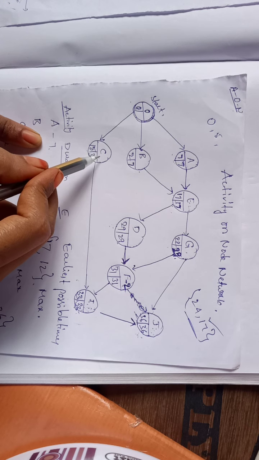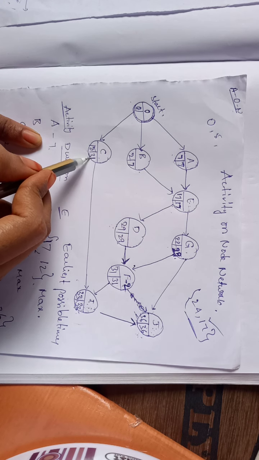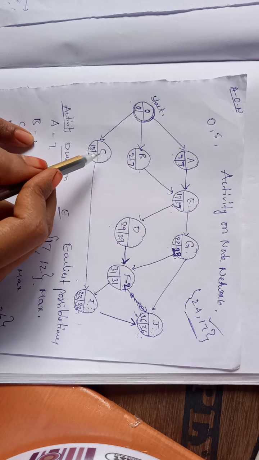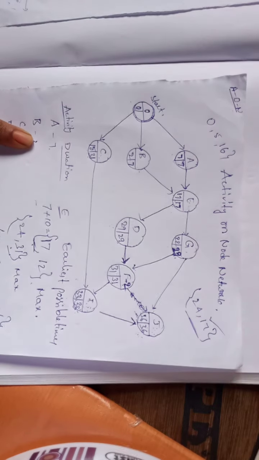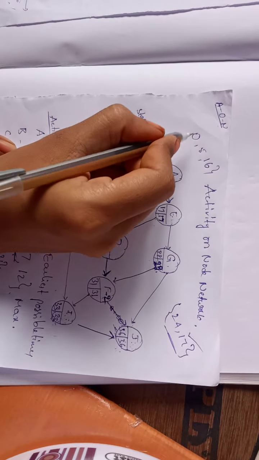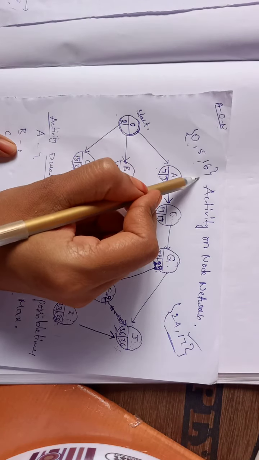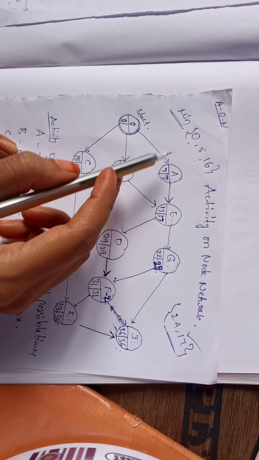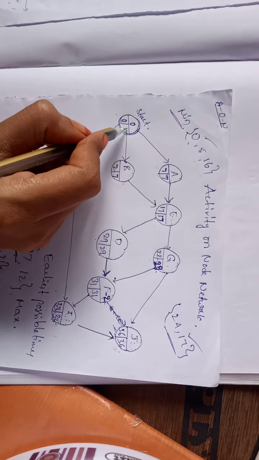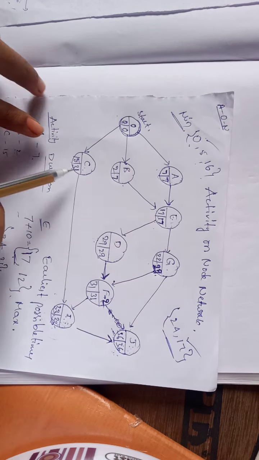And also here 31 minus 15 is the duration of C. 31 minus 15 means we are getting 16 as our value. So among these three, 0, 5, 16, the minimum value will be taken for latest times. So minimum is 0. Here taking as 0.